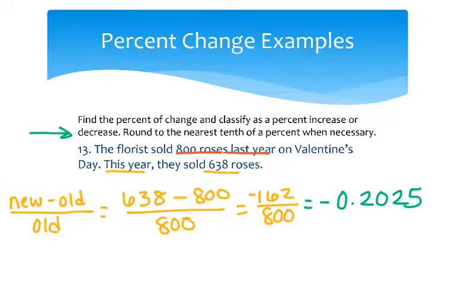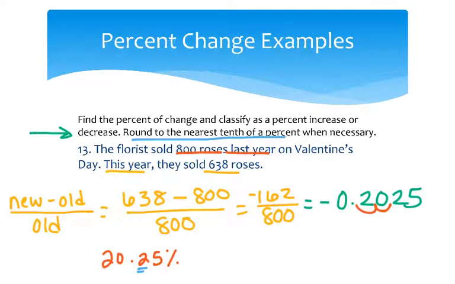So then converting to a percentage, 1, 2. So now that's going to become 20.25%. However, remember the directions say round to the nearest tenth of a percent. So I need it to one space.